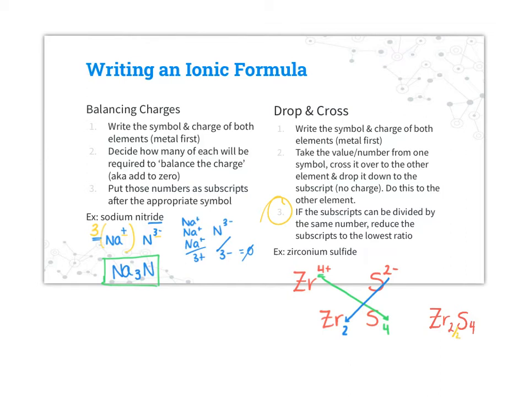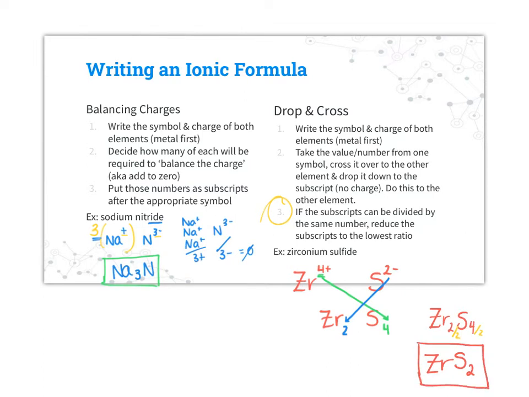Both of these can be divided by 2. So I'm going to reduce them. Zr: 2 divided by 2 is 1. So I don't write ones. And S: 4 divided by 2 is 2. So ZrS2 is the correct formula.